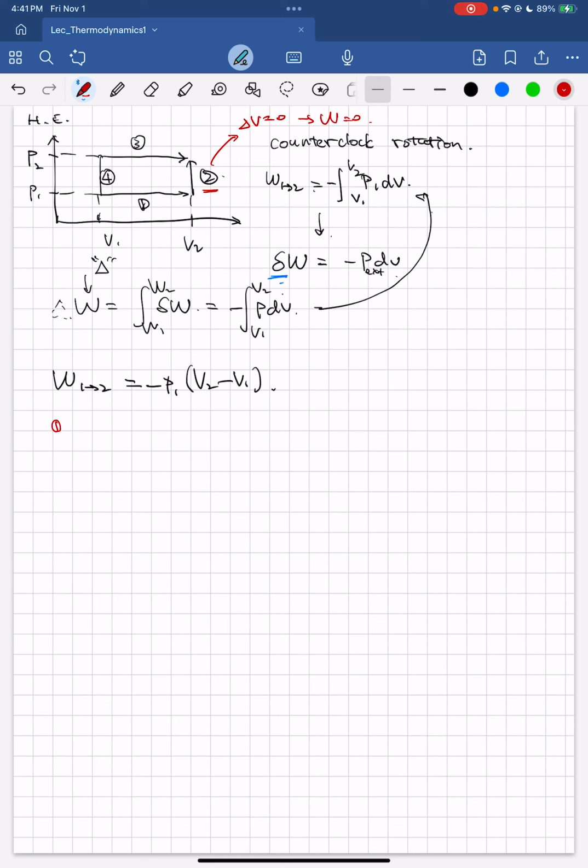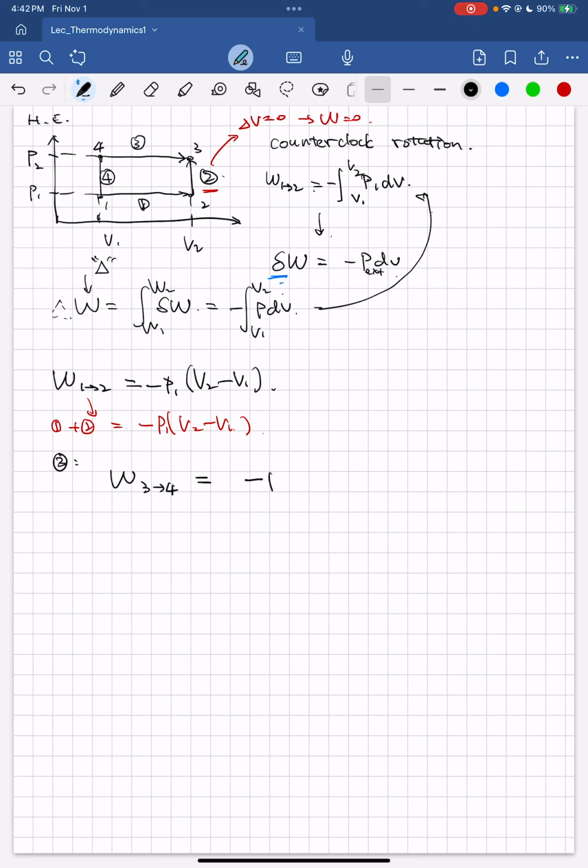So 1 and 2 is this, right? W equals minus P1 (V2 minus V1). And this is 3, it's W 1, 2, 3, 4. Okay? This is a point. That's these 4 points.